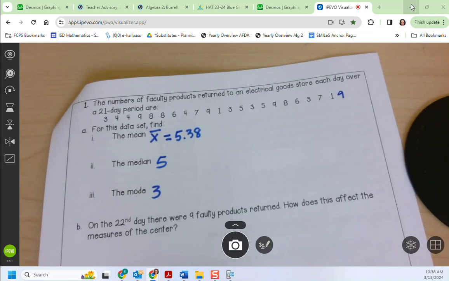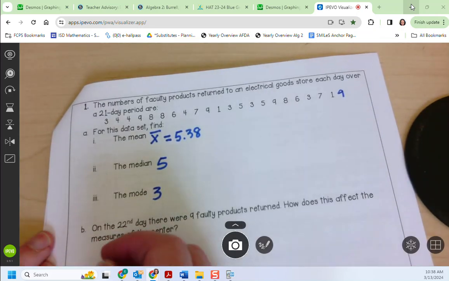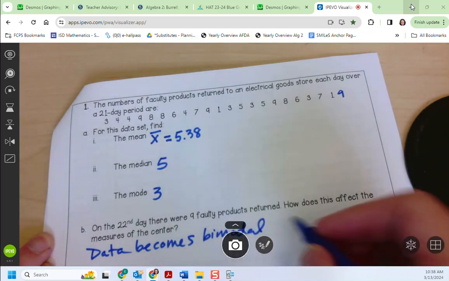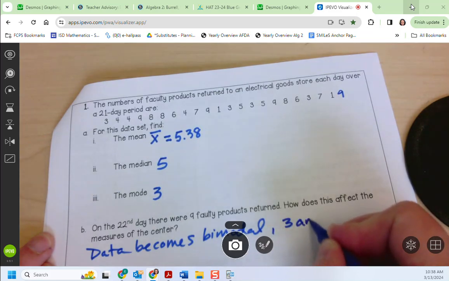So now there's two modes, right? Bimodal, very good. All right, so the data becomes bimodal. So 3 and 9 would both be modes.